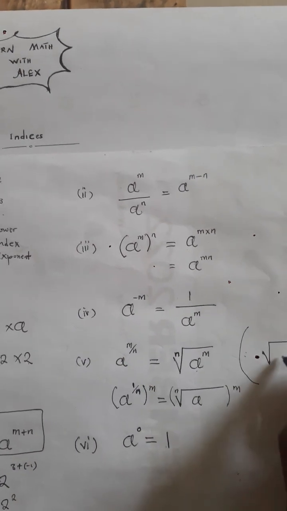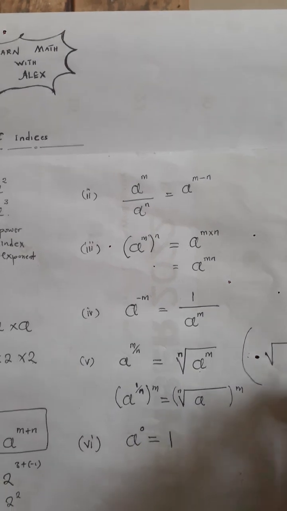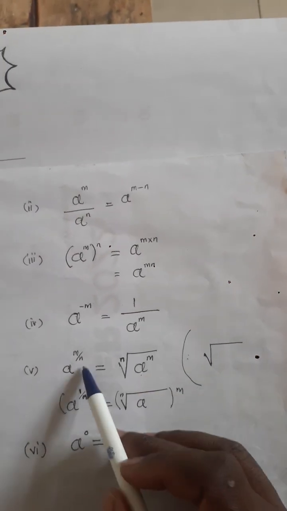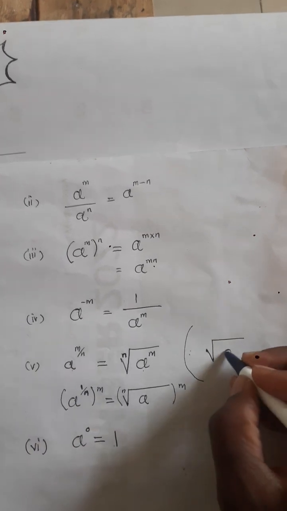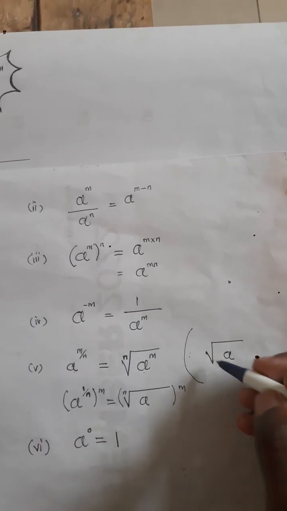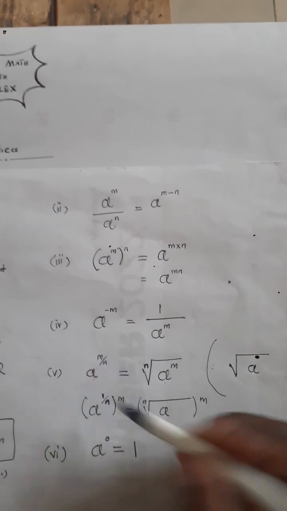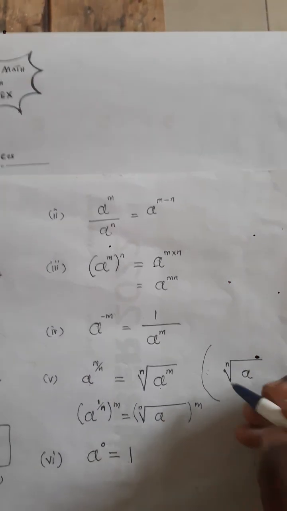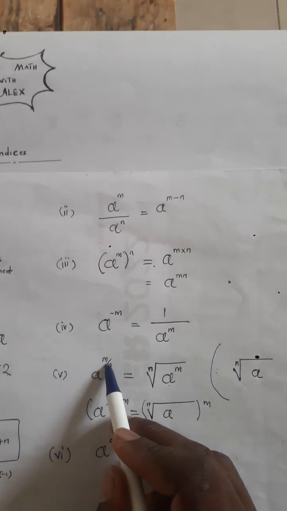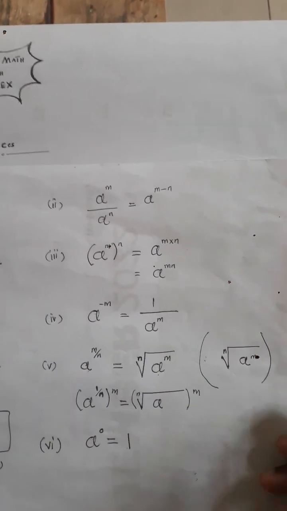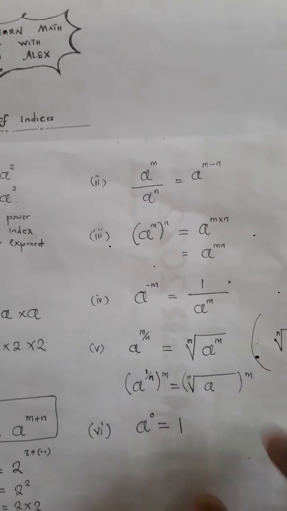Start by writing your root, then you take the base a and put it here. Then you go back to your fraction, the denominator comes here, and your numerator goes there. So this is our fifth law.